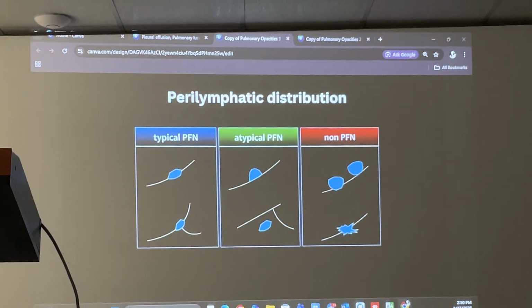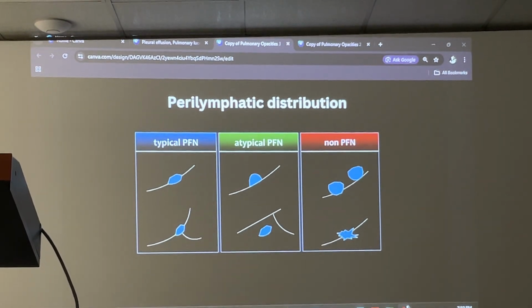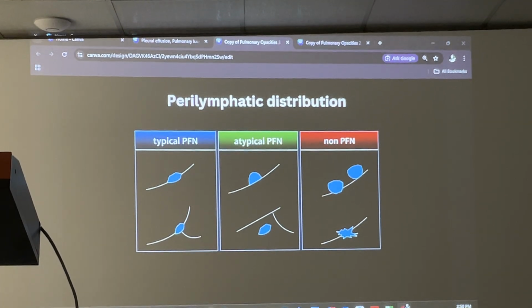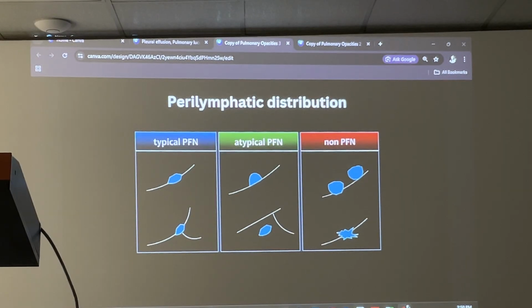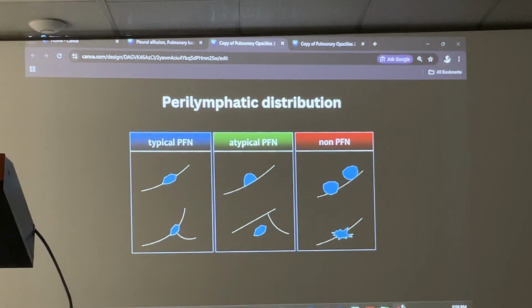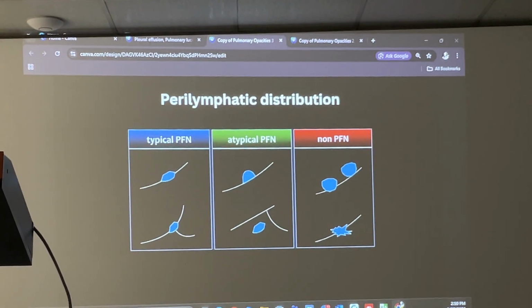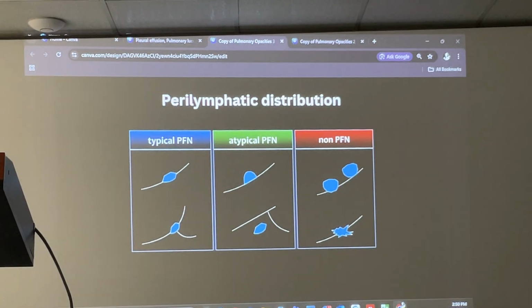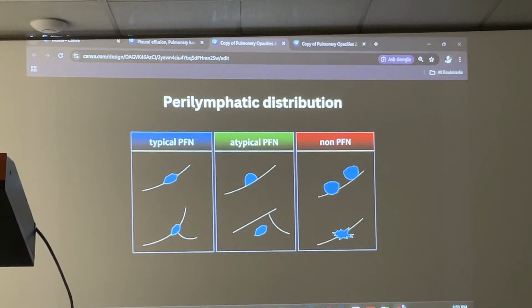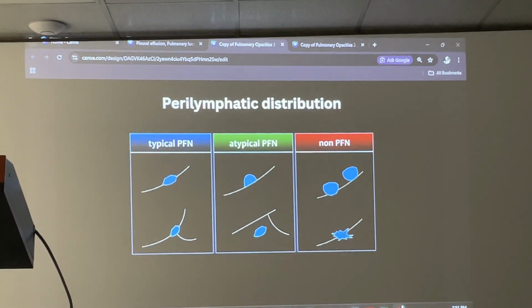In perilymphatic distribution, there may be typical fissural nodules or atypical, or also non-fissural nodules. So perilymphatic lung nodules follow perilymphatic channels and on imaging are typically subpleural, occur along fissures, perifissural nodules, interlobular septa and adjacent to the bronchovascular bundles.